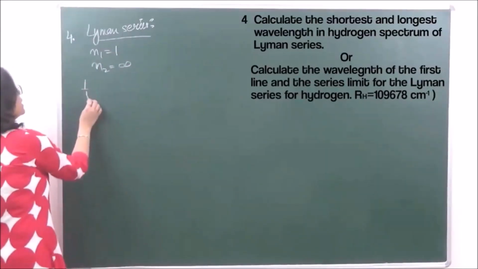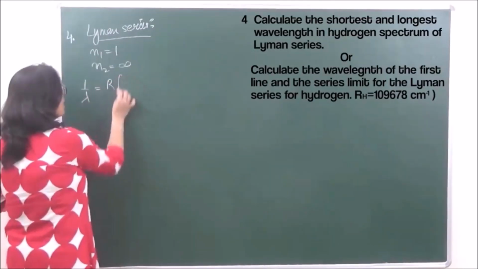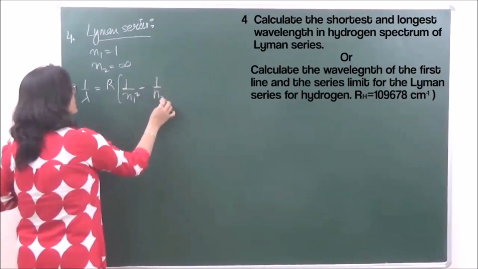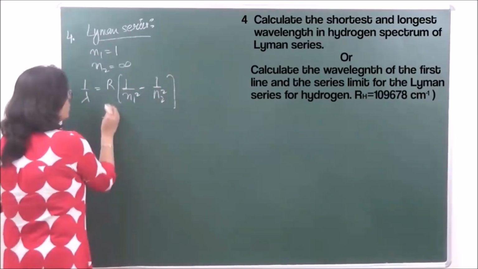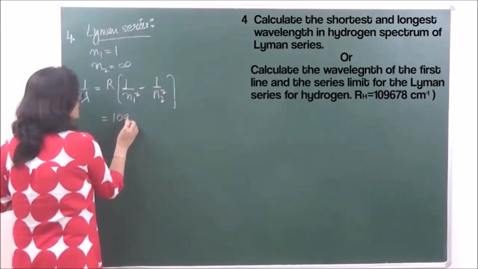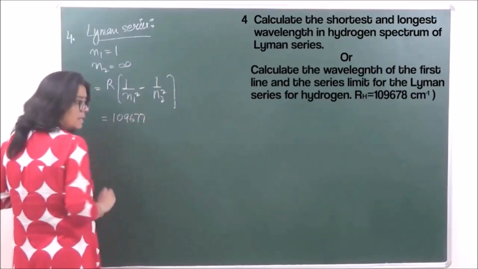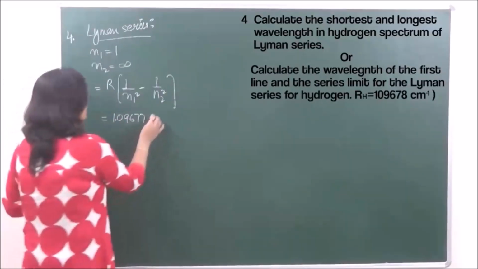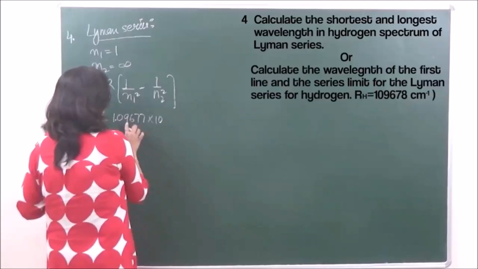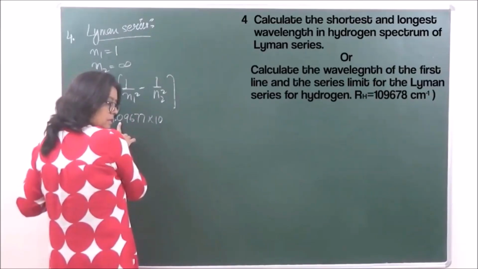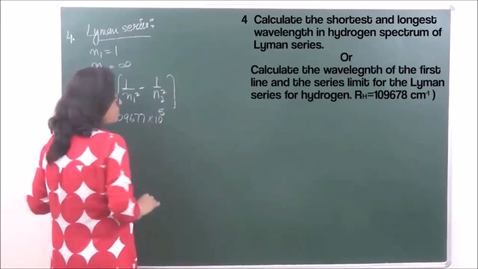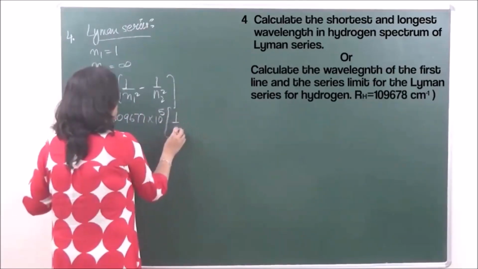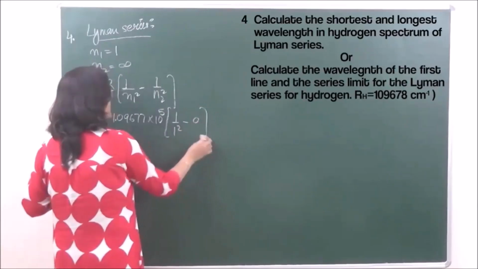So 1 upon lambda is equal to R into 1 upon n1 square minus 1 upon n2 square. The value of R is 109677, or you can also put it as 1.09677 into 10 raised to power 5. We can take this into 1 upon 1 square minus 0.